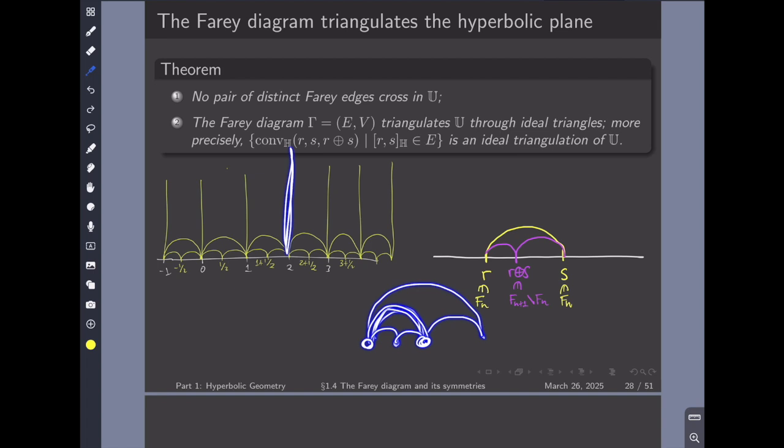And then no other edge crosses this configuration. So this means that every edge sits really as a diagonal in an ideal quadrilateral. So I think by now it's already clear that every connected component of the complement of the union of the Farey edges is one of these.